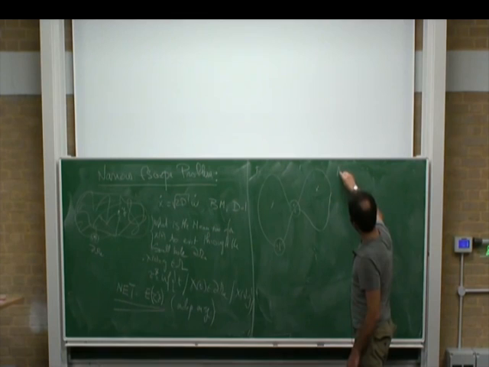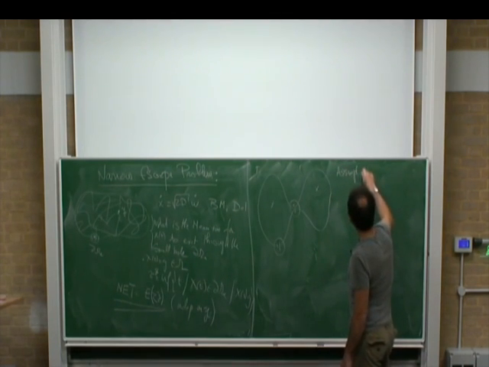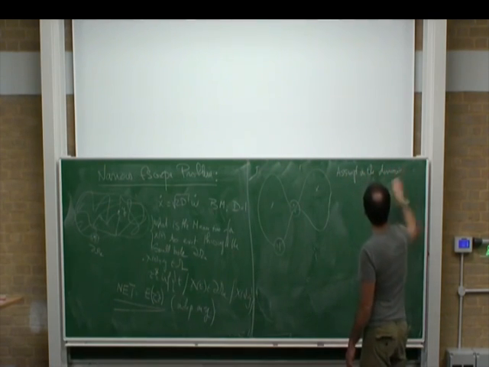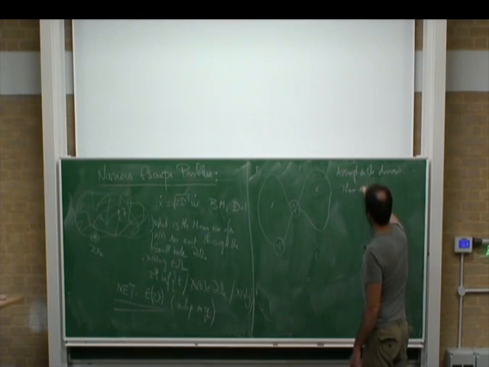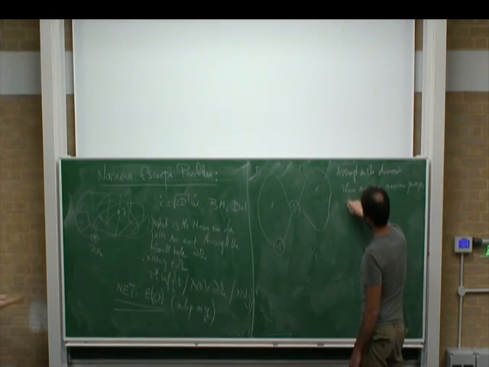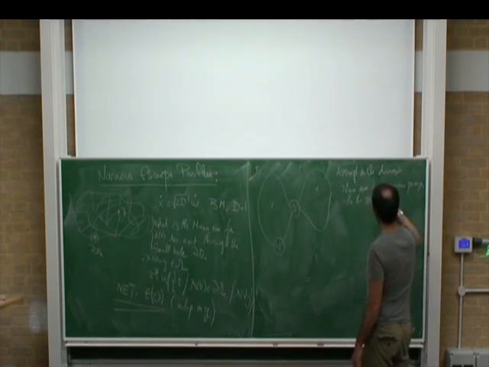the assumption that we're going to make on the domain: there are no narrow passages with the same order.